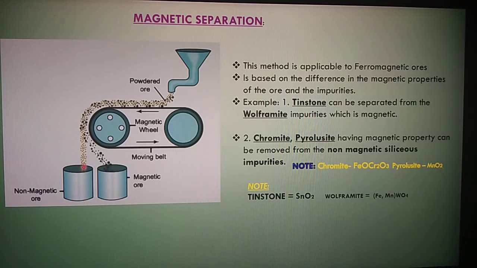But the non-magnetic ore all falls slightly farther away from the magnetic wheel. So in this way we separate the magnetic impurity present in an ore or the non-magnetic impurity present in an ore. This is known as the magnetic separation process.